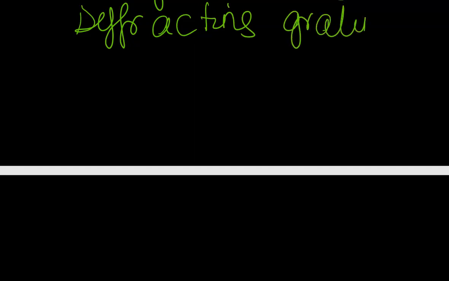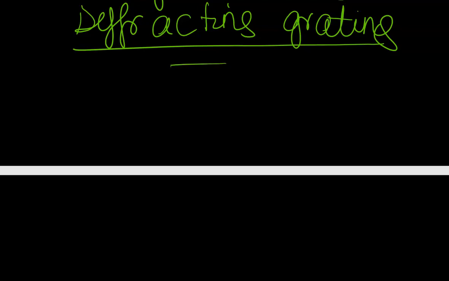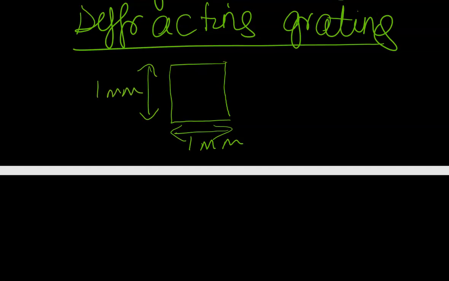But I want you guys to understand that the diffraction grating, it's basically a very small square, and it has a very small dimension, for example 1 millimeter by 1 millimeter, and many times you have a very large number of lines in that small spacing.